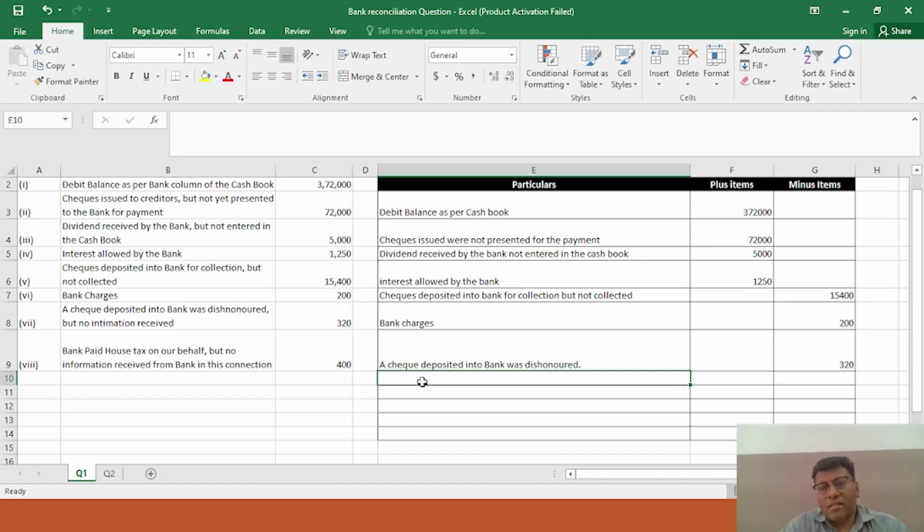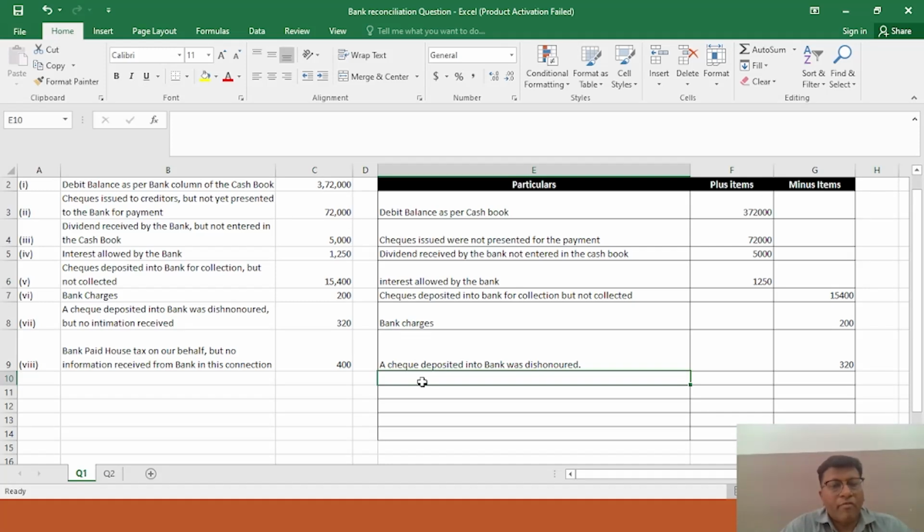And the next transaction is bank paid house tax on our behalf. Sometimes what happens is that you order the bank that if some expenses are taking place on behalf of the organization itself, the bank will make the payment, right? But in this case, you see that the bank paid house tax on our behalf, because already we have intimated the bank whenever any information for this house tax is coming to you, you have to make the payment, right?